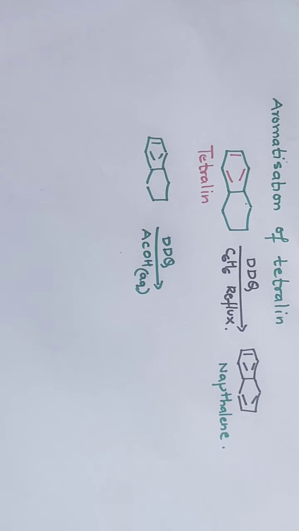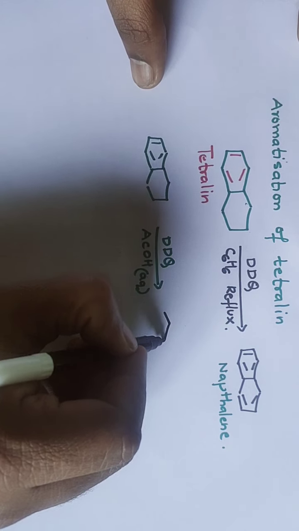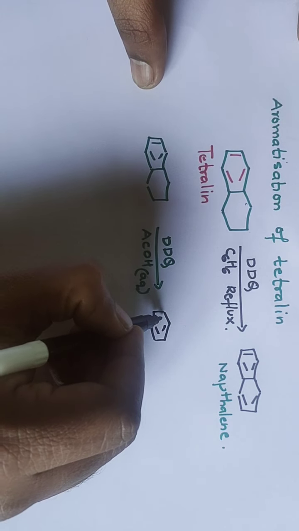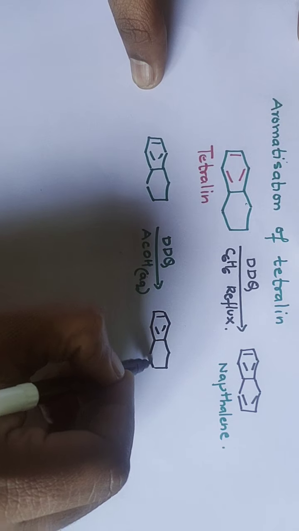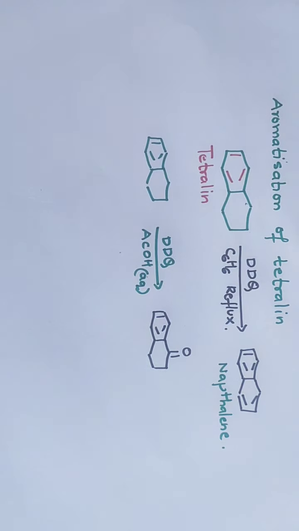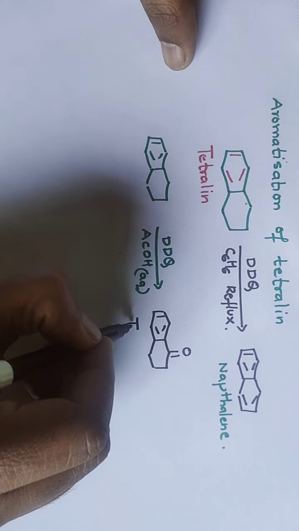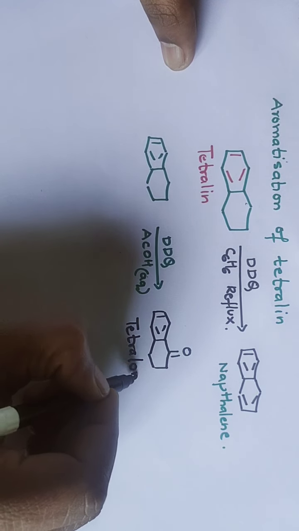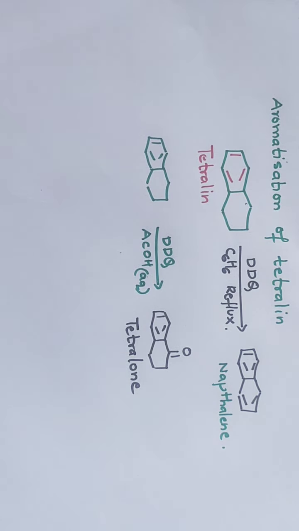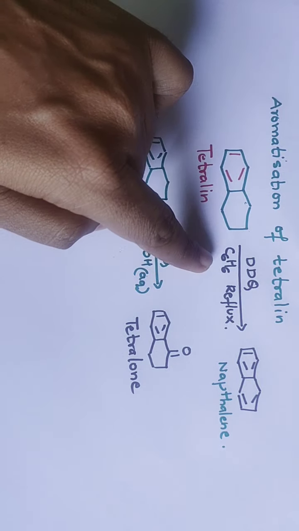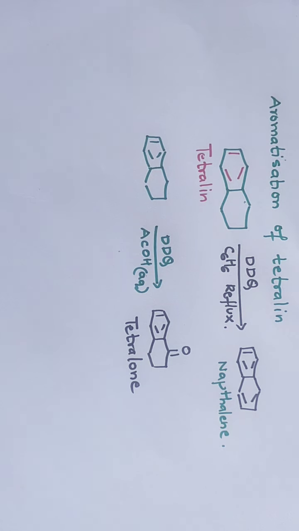The benzylic carbon gets oxidized, so you get this compound. You call this tetralone, because it is a ketone. So the two applications of DDQ are, one, dehydrogenation, and the other, benzylic oxidation, oxidation of benzylic and allylic groups. Even allylic groups get oxidized.